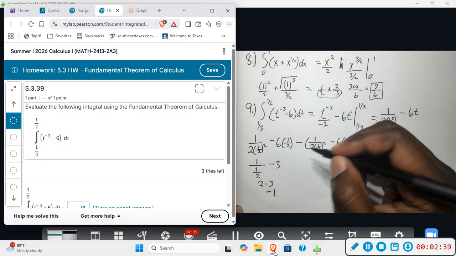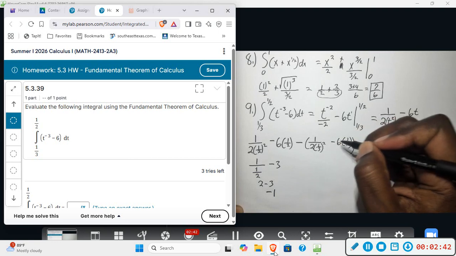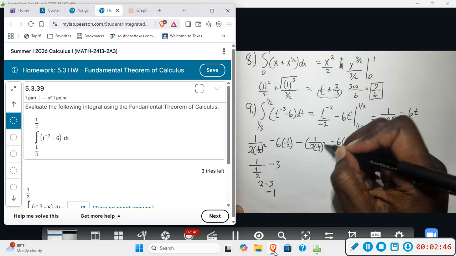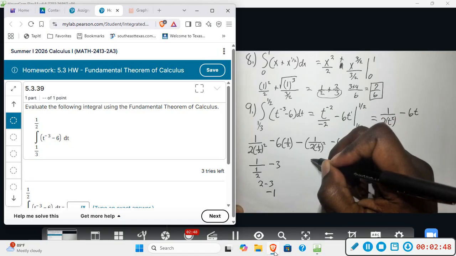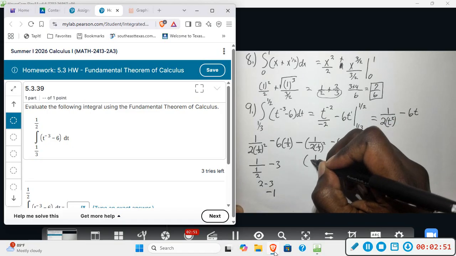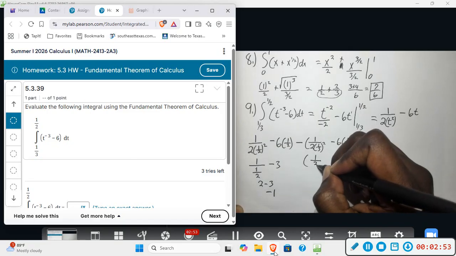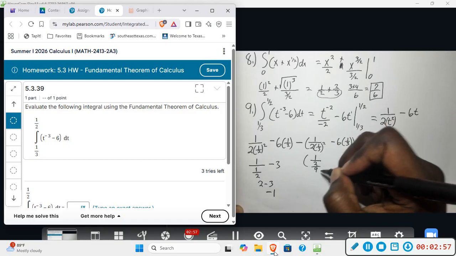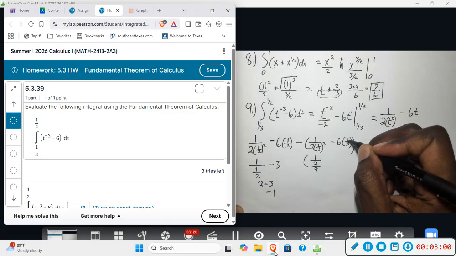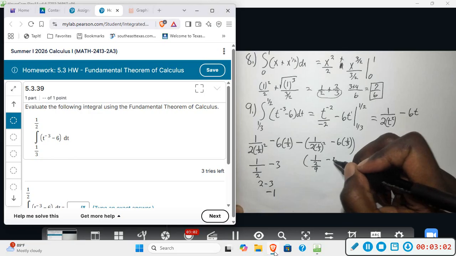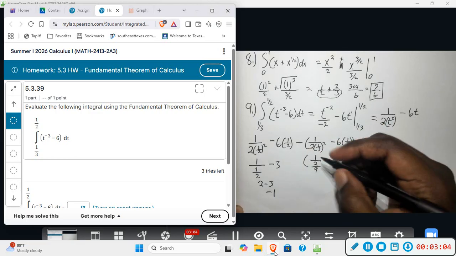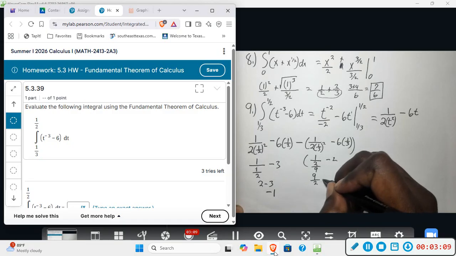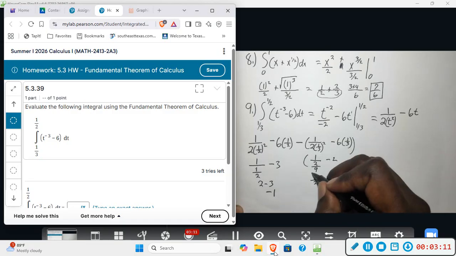On this part, 1 squared is 1, 3 squared is 9. So this will give me 1/2 divided by 9. That 2 multiplies to the 1. 3 squared is 9. And then 6 divided by 3 is 2. If we do a keep, change, flip, we'll get 9/2. 9/2 minus 2.